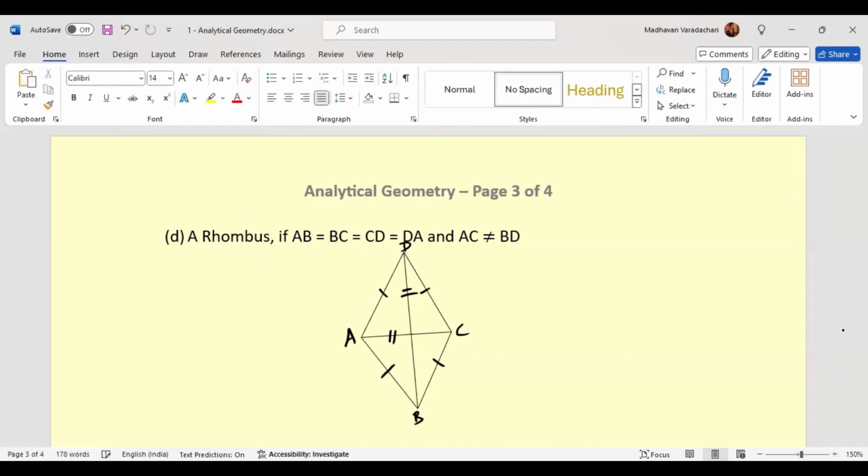This is different. So here AB is the same as BC, is the same as CD, and that is the same as DA, but AC is not equal. I mean, I should put 3 lines. AC is not equal to BD. So then it is a rhombus.